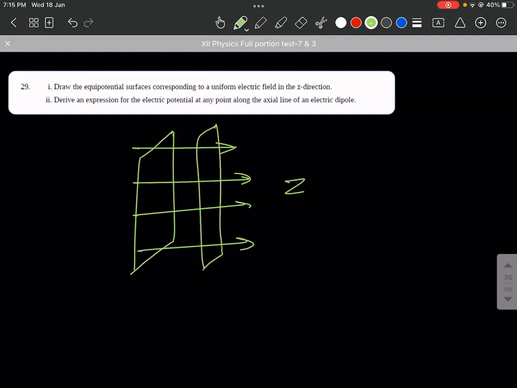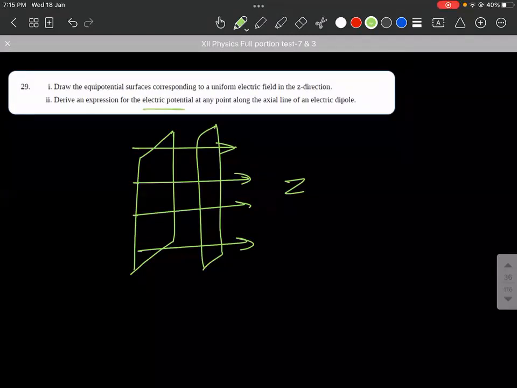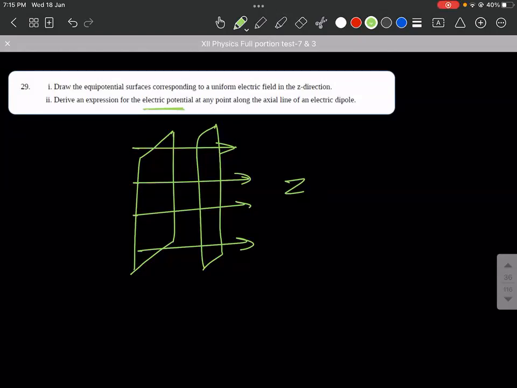It will be a plane surface, right? Next is derive an expression for the electric potential at any point along the axial line of a dipole. So that is also a derivation.